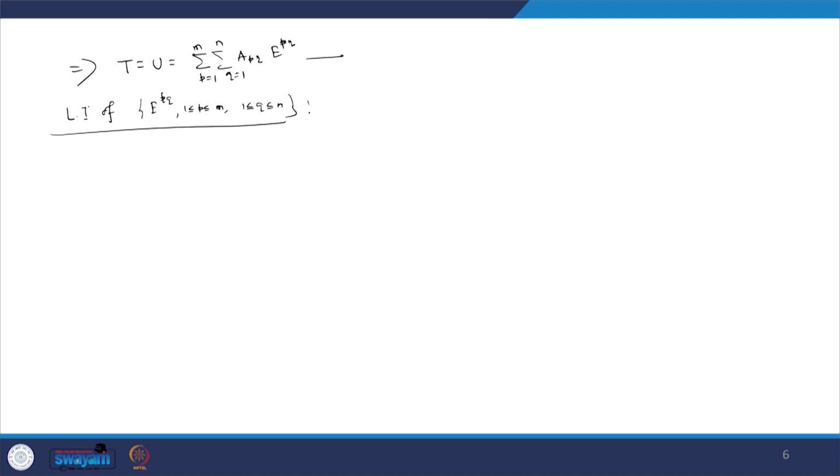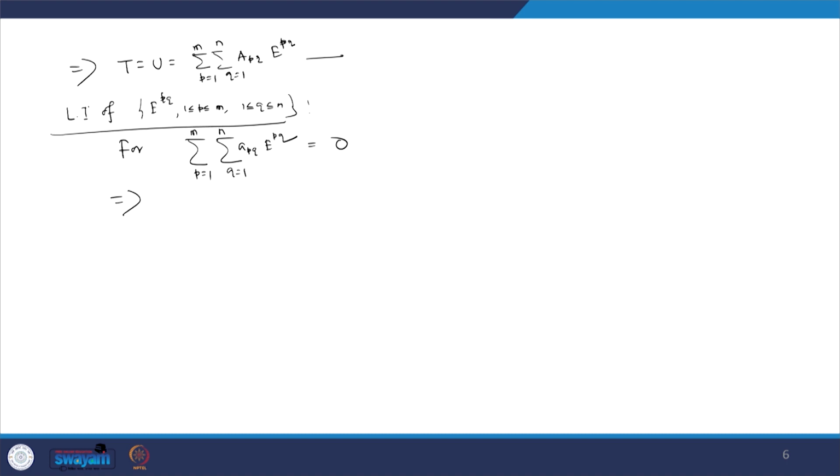So I have to prove this one. See, the way we have written here, T is equal to sigma P equal to 1 to M, Q equal to 1 to N, APQ and EPQ. Now, for any linear combination, say sigma of APQ and EPQ, suppose this is equal to 0, the zero linear transformation.